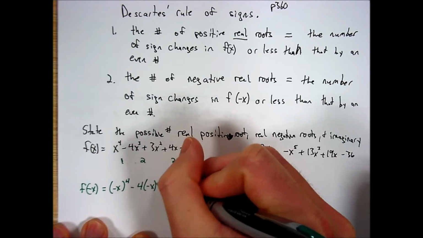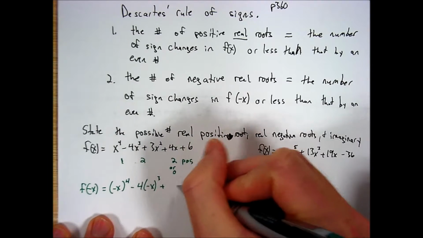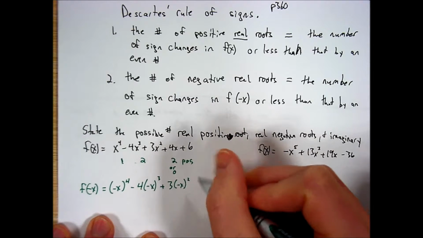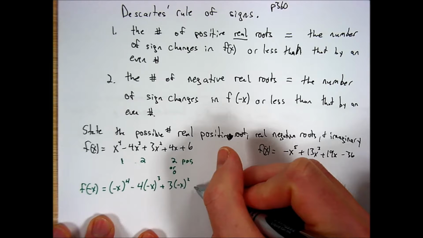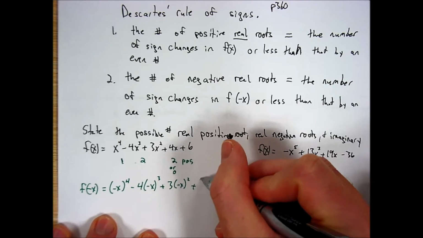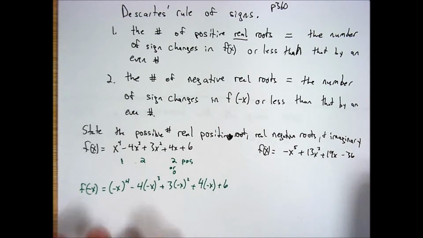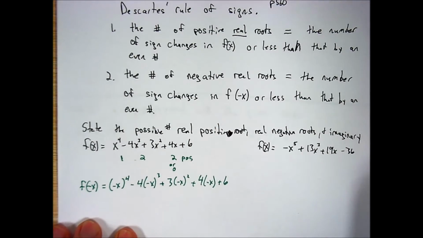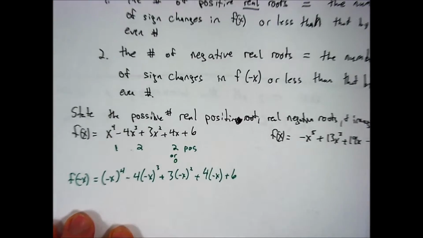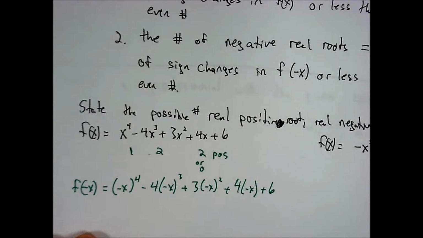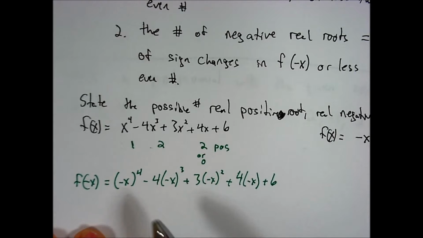So I put a negative x for all these. And you kind of have to use your brain a little bit here. You kind of have to go through and evaluate this right now without even knowing what the number is. Sometimes I'll pretend that there's a negative number in there to help me.